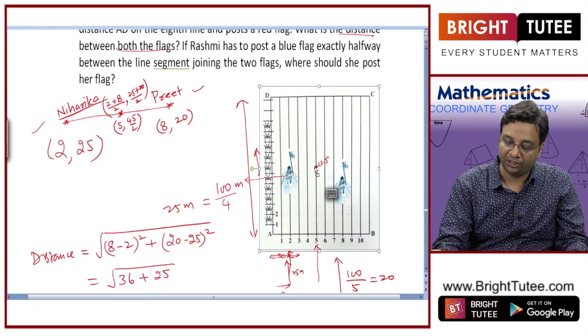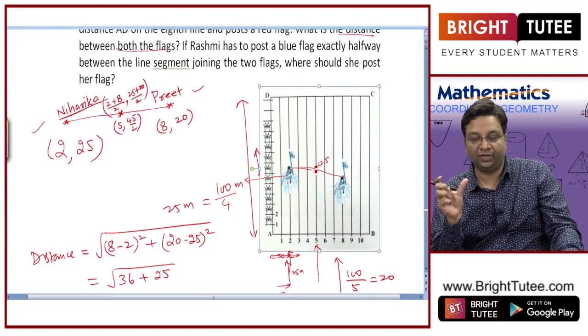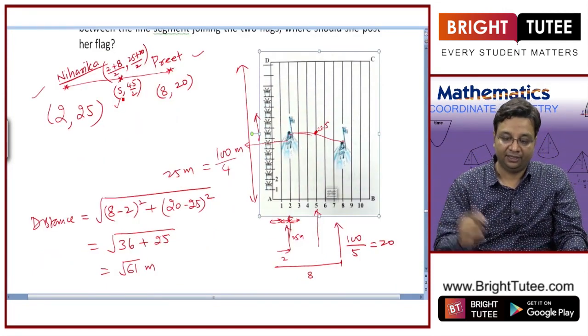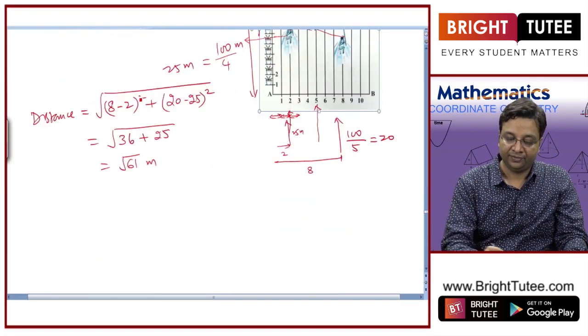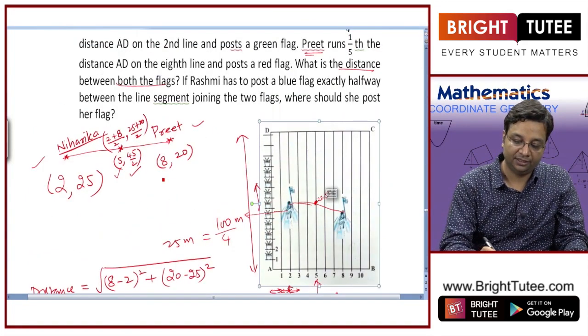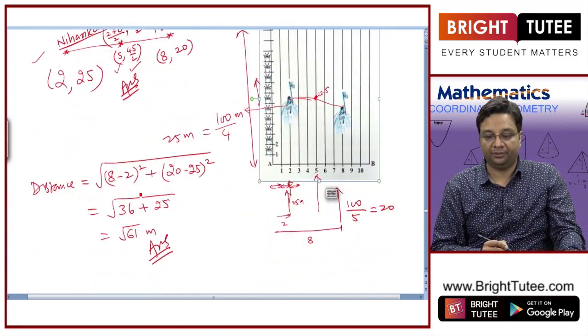So she should post the flag here, right, in the midway of those two flags. So in the 5th line and at a distance of 22.5 meters. So these are our answers. First distance and second is the position where the flag is to be posted.